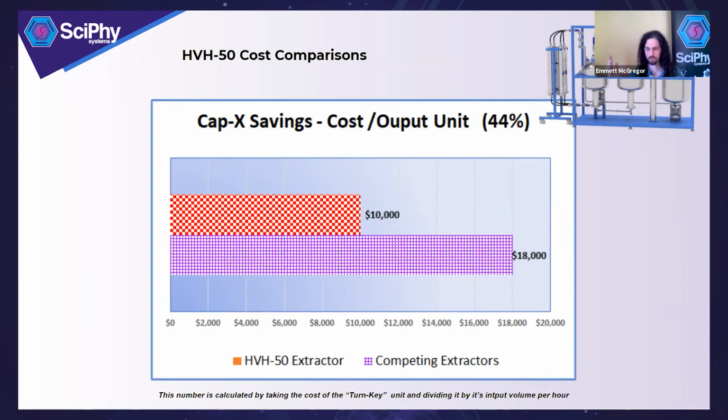There's an engineering rule of thumb that you should pay 60% of the price of 1 unit of capacity for the next doubling of capacity that you get, right? They call it the 0.6 rule.